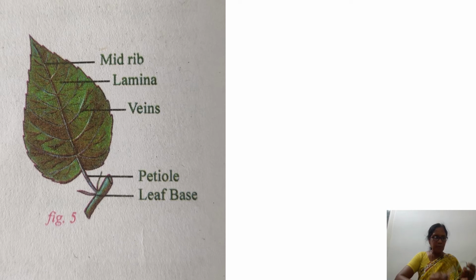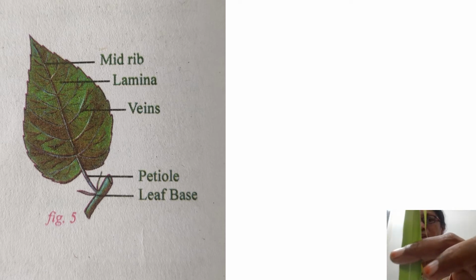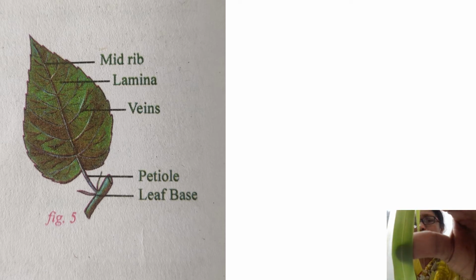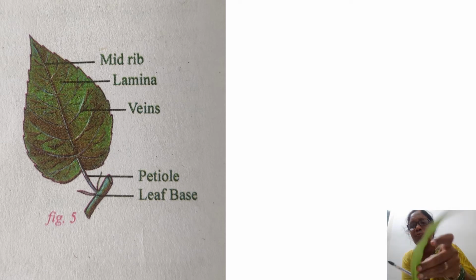So what's the difference? In monocotyledonous plants, leaves are long and narrow, no petiole. Venation ఎలా ఉందమ్మా? Parallel venation. They are going from bottom to top kada.